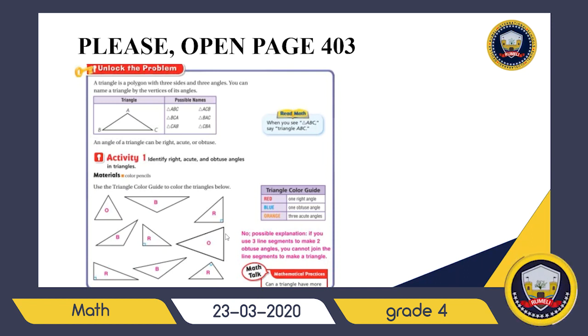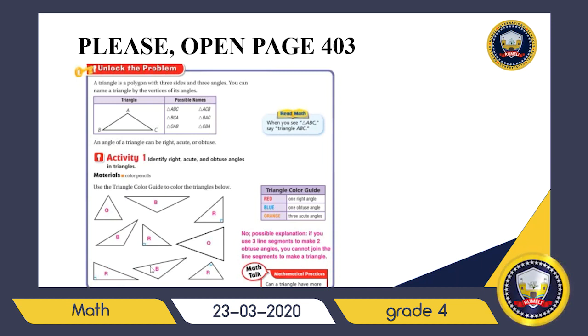If it has three acute angles, it represents an acute triangle, and I'll color it orange. What about this triangle? I can see a right angle here, so it is a right triangle, and I need to color it red.